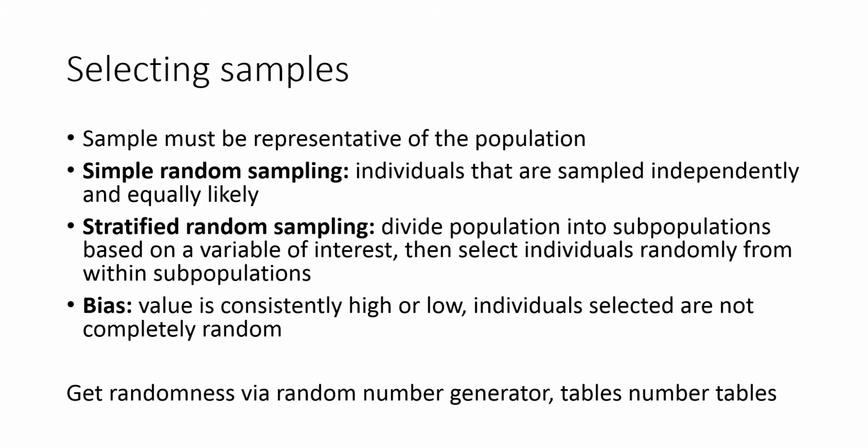And one thing you really want to consider while you are designing a study is bias. Bias is just whether your value is consistently high or low, or the individuals you're selecting are not completely random. Bias can be an issue, and certain methodologies will absolutely give you biased results.